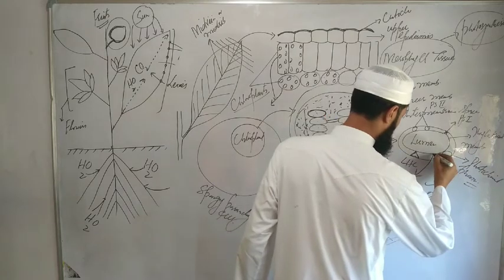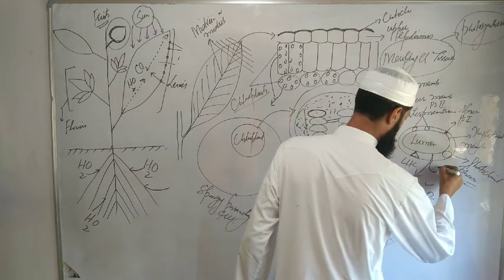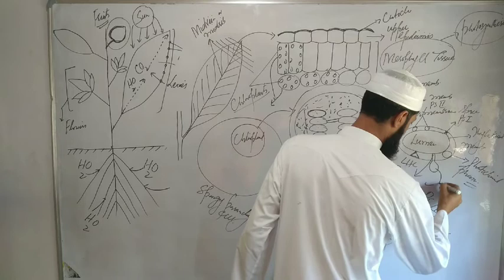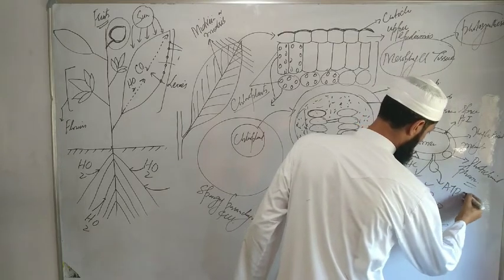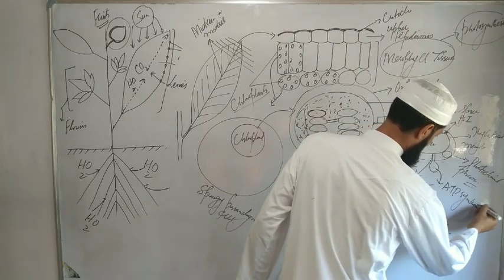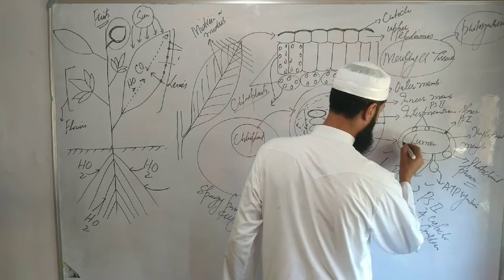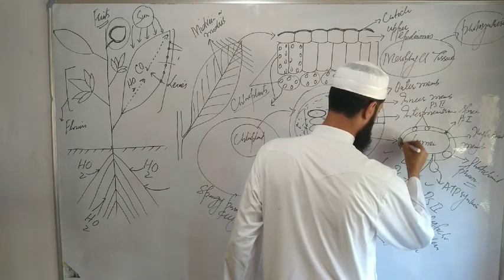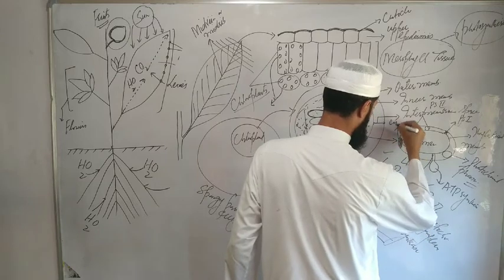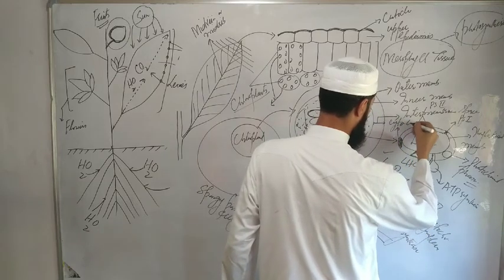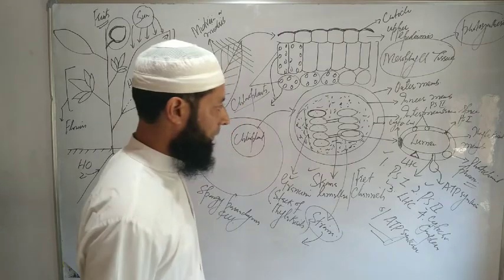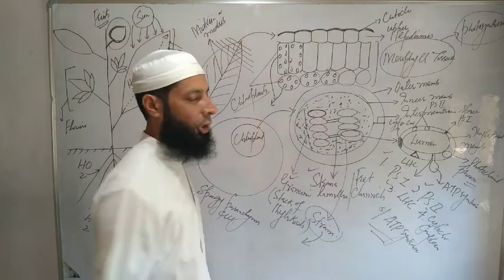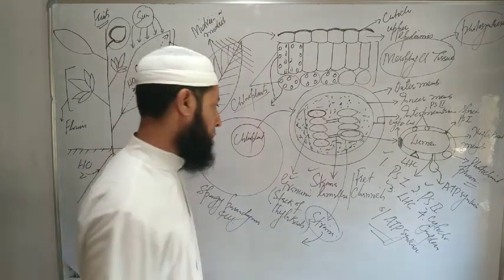Then you have ATP synthase. Then you have cytochrome complex. These are present on the surface of the thylakoids of grana of the chloroplast.